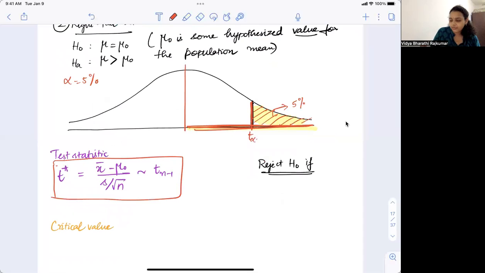And I'll say that if my T star falls anywhere in this region, it falls in the rejection region, and therefore I should reject my null. So reject H naught if T star is greater than T alpha. And that's how you identify the rejection region for a right tail hypothesis test.